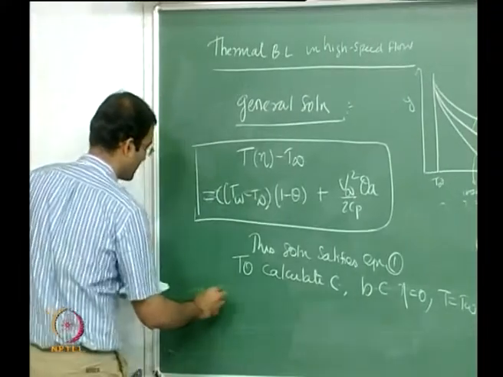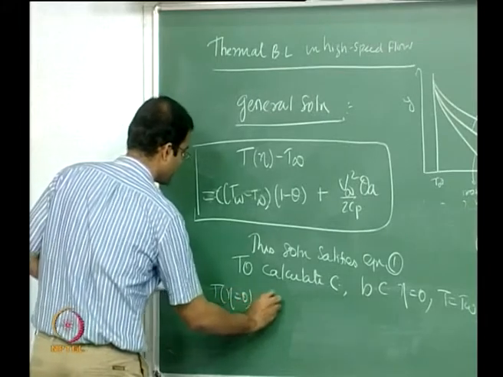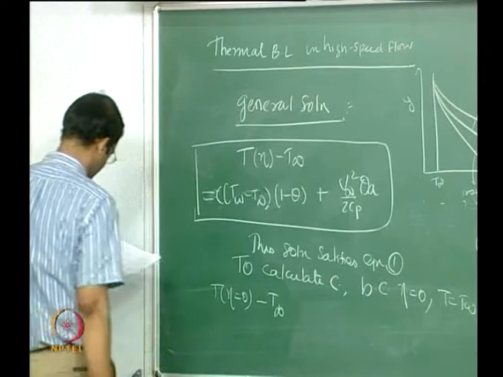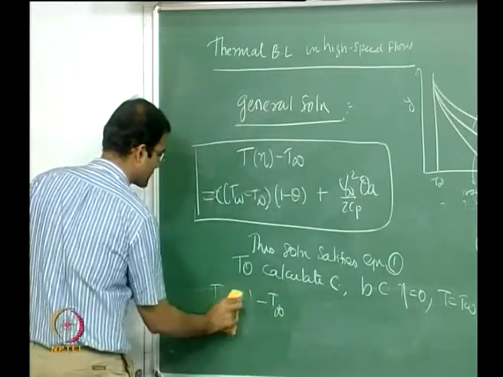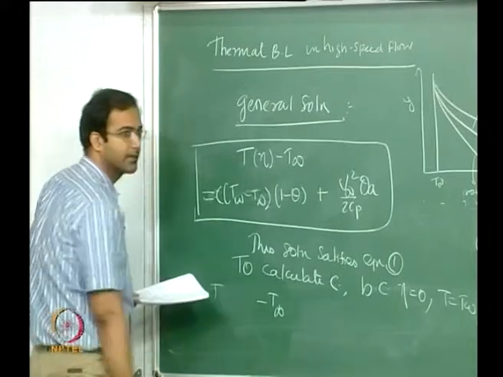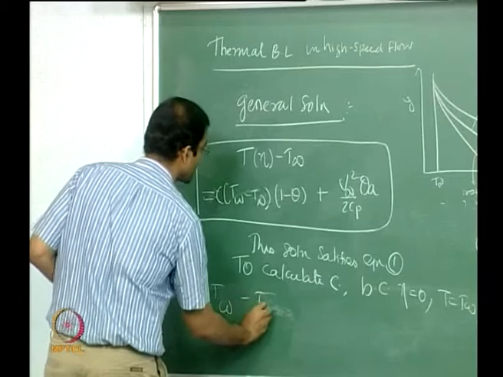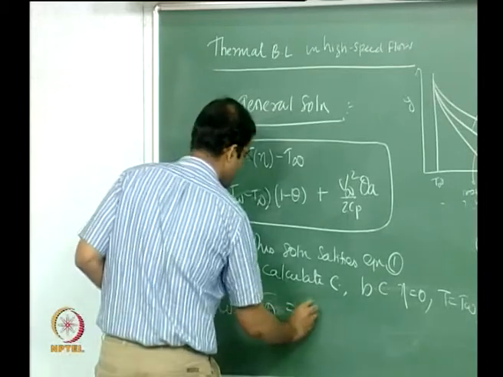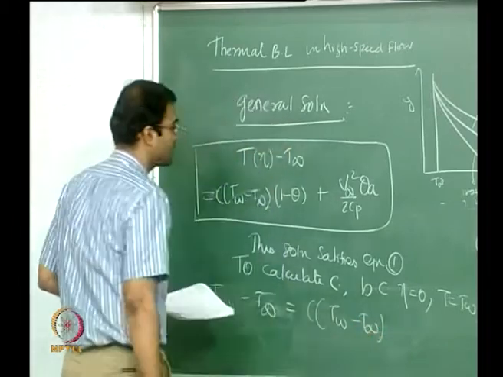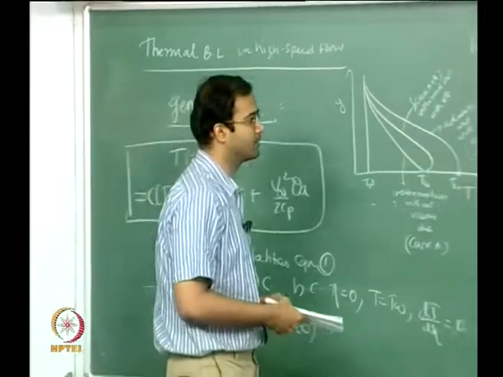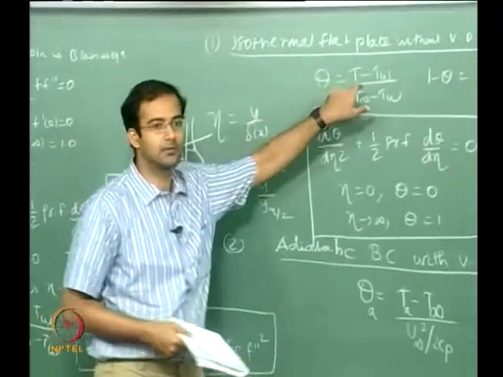So T at eta equal to 0 minus T infinity. This is nothing but what? T at eta equal to 0 is T wall. That is a fixed boundary condition. So T wall minus T infinity will be equal to C into T wall minus T infinity into what will be theta at y equal to 0, 0, right?